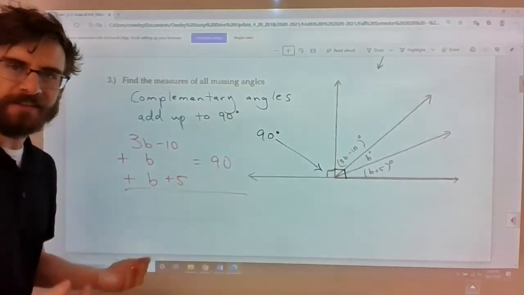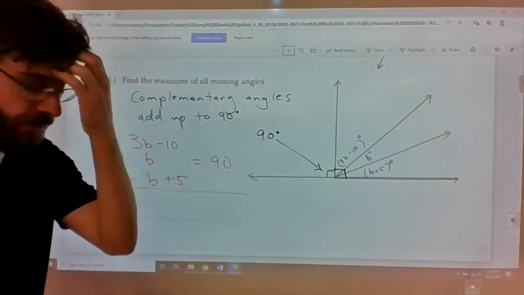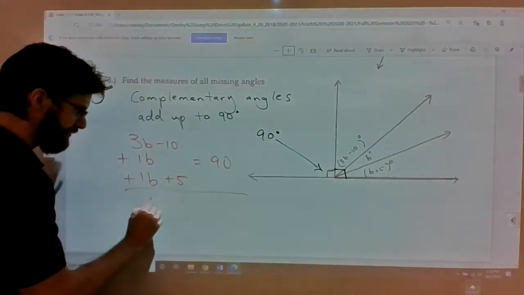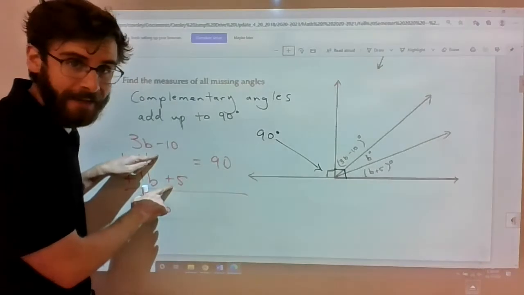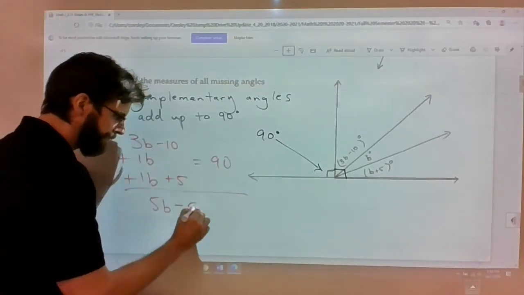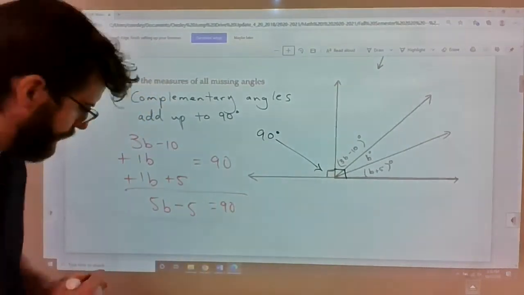And then I just do what I did in the first situation, where we just combine the like terms. 3 plus 1 plus 1 is 5b. Negative 10 plus 5, opposites subtract. 5, take the sign of the bigger one, and then solve it like you would solve an easy one.